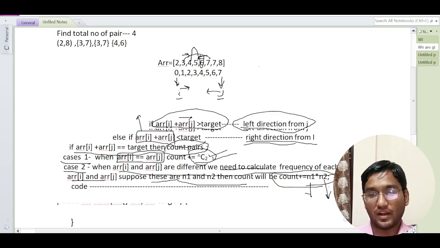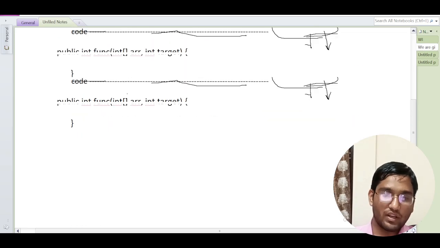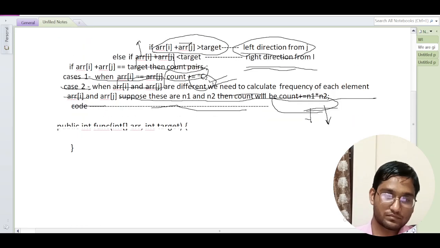For that we calculate n1 into n2, because this is the simple rule of product. For example, if 3 comes 2 times and 7 comes 3 times, then the number of possibilities for 3 and 7 is the number of occurrences of 3 times the number of occurrences of 7. It is very simple.